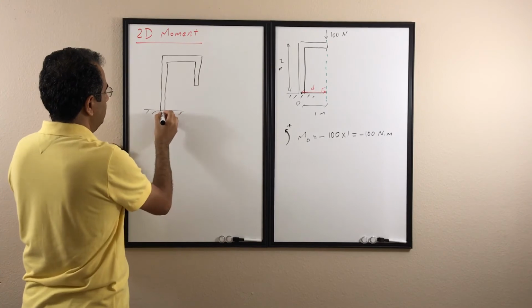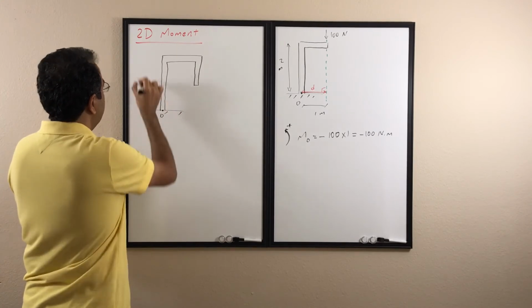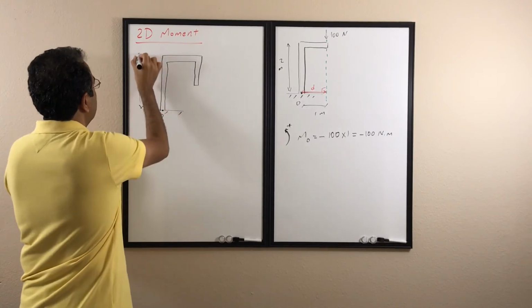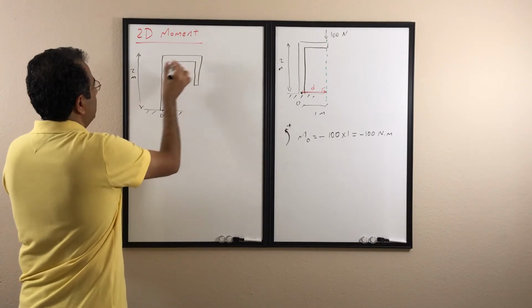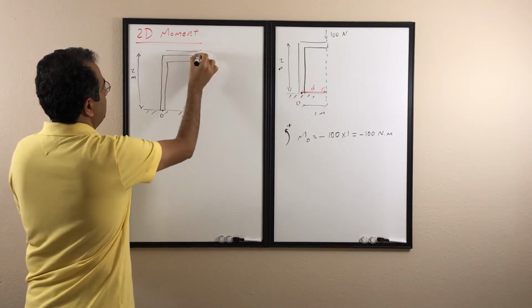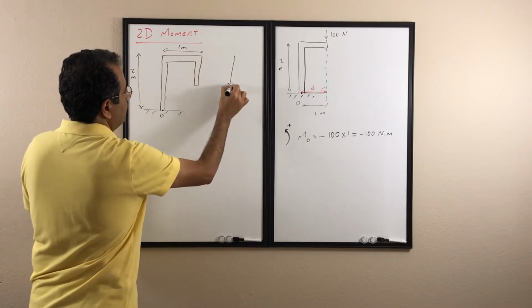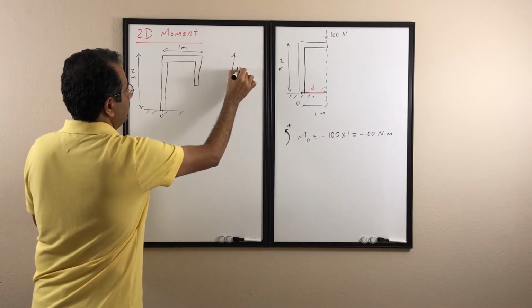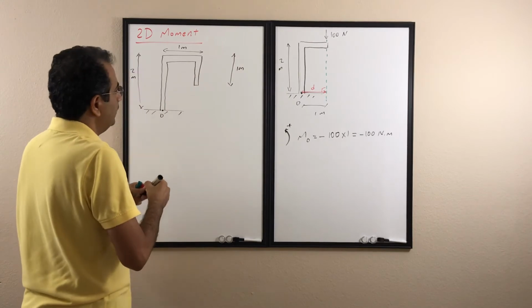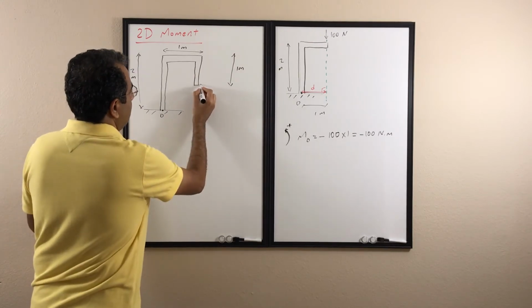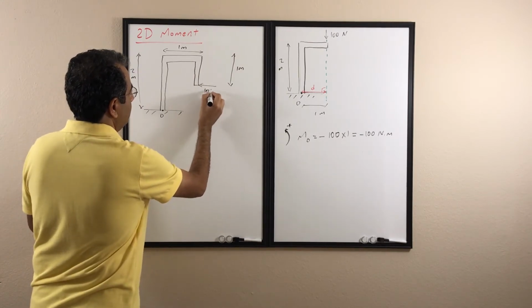Assume this is the point O, so that's 2 meter, and this one is 1 meter, and this is also 1 meter. And this time I apply the force here, so I apply 100 Newton here.